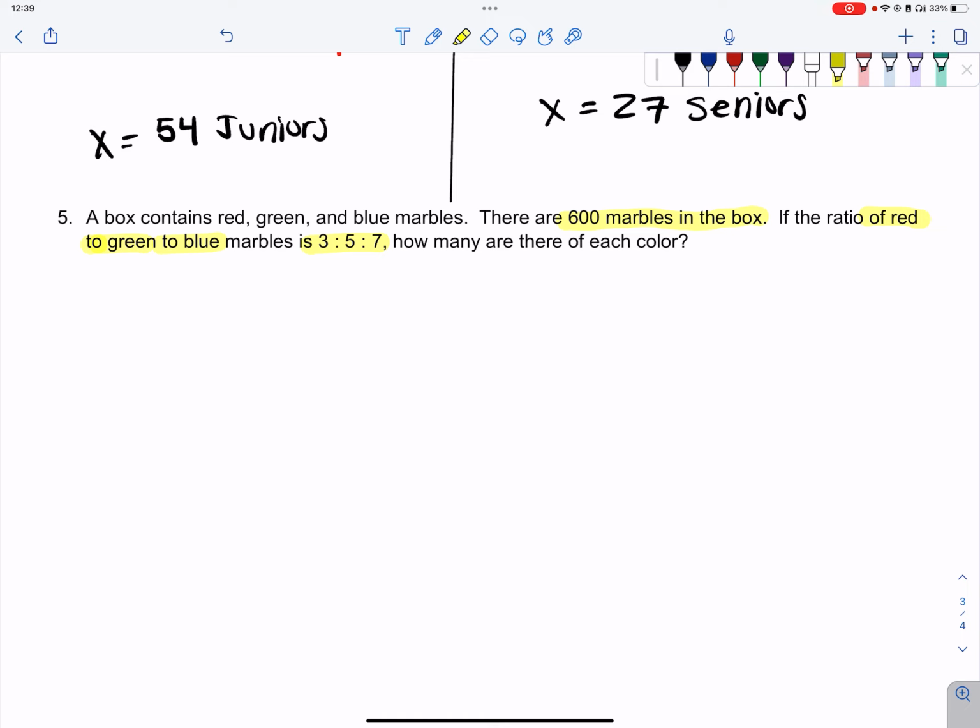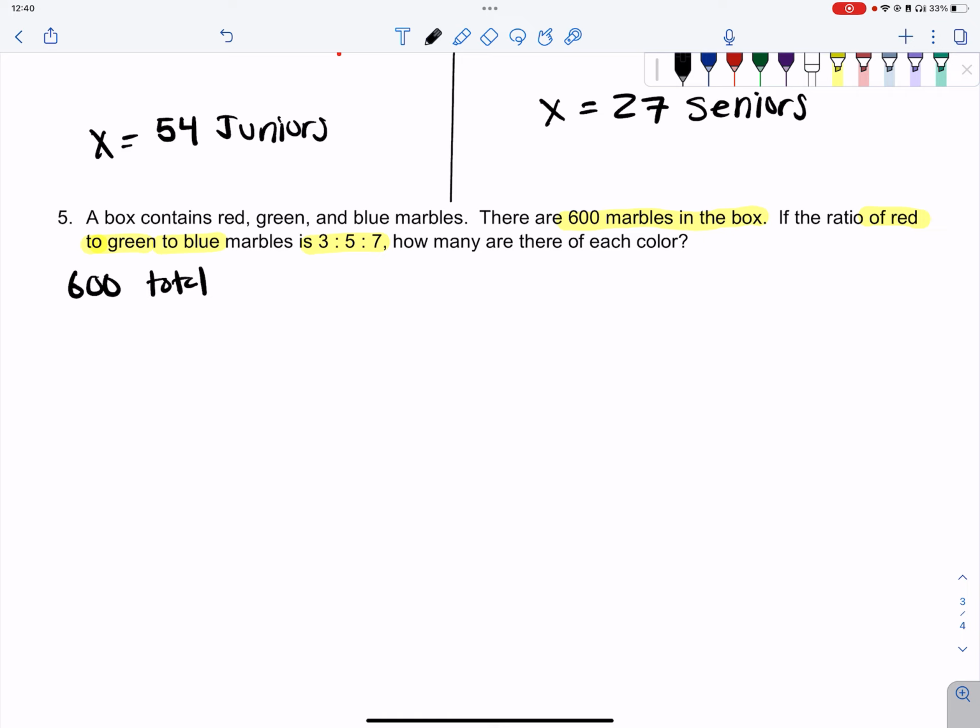We've been given a ratio, but we also have been given that there are 600 total marbles in the box. But our ratio isn't comparing the number of marbles of one color to the total number in the box. It's comparing the colors to each other, the red to green to blue.